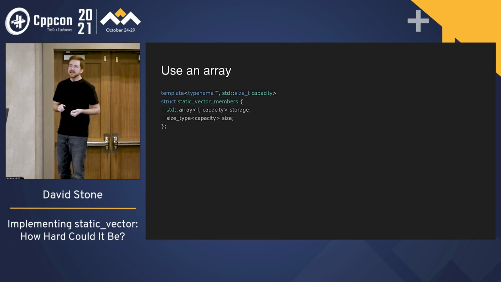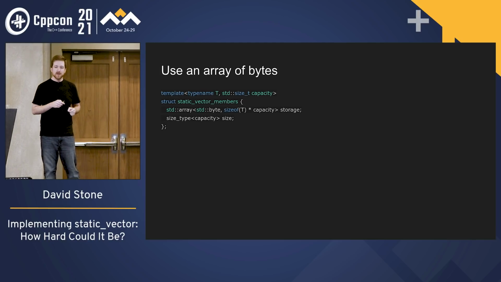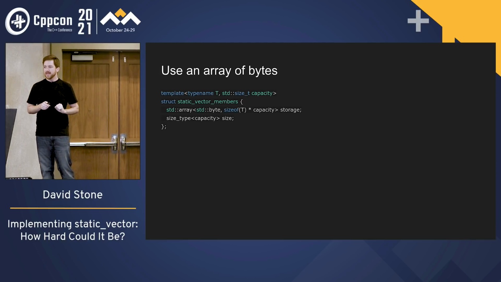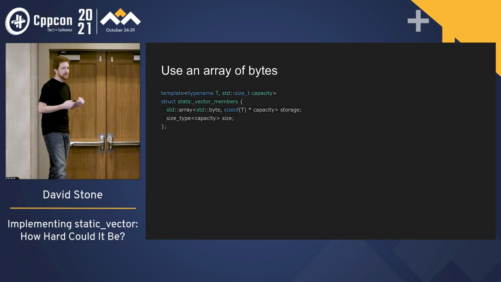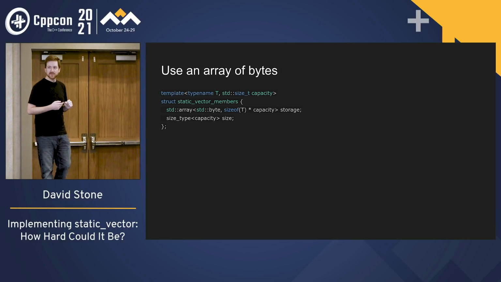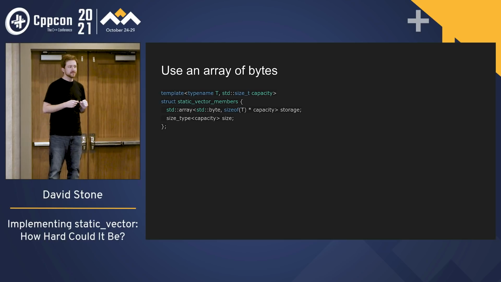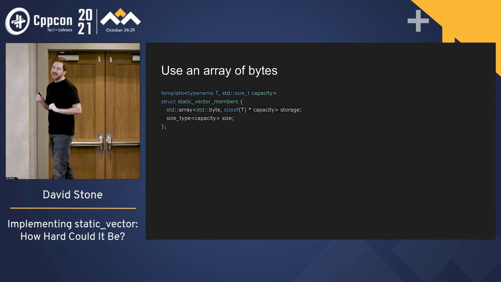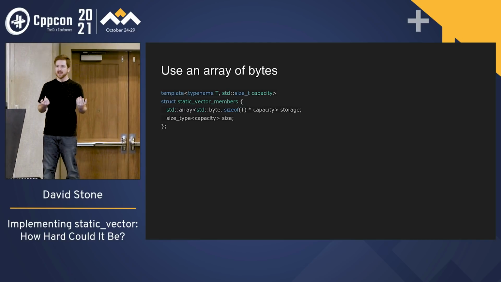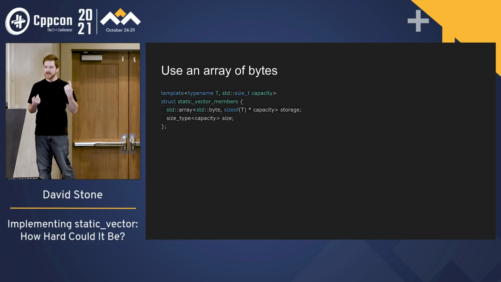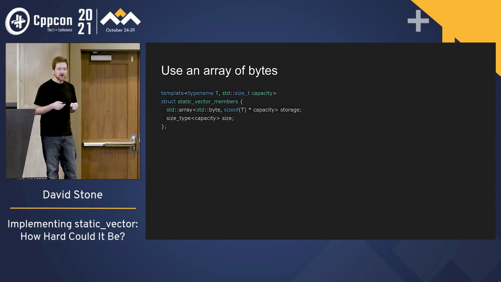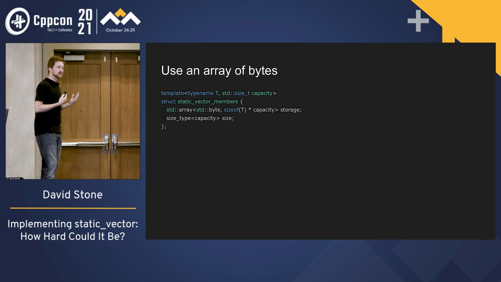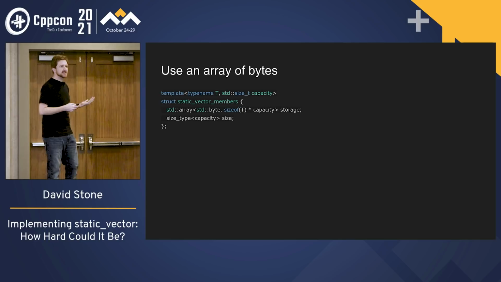You might think, okay, instead of an array of T, make an array of bytes, and then I can construct stuff in here. Does anybody see a bug in this code? This one's a little more subtle. Alignment, exactly. The array of bytes is byte aligned, so that's going to be an alignment of 1. Let's say you want to store a static vector of pointers. On my system, that has an alignment of 8.